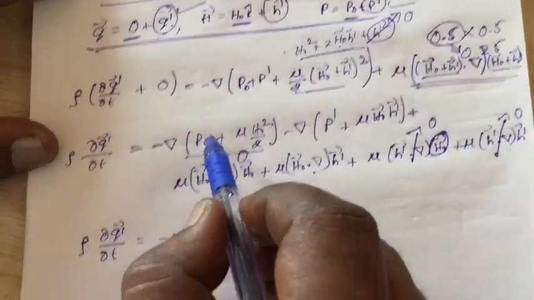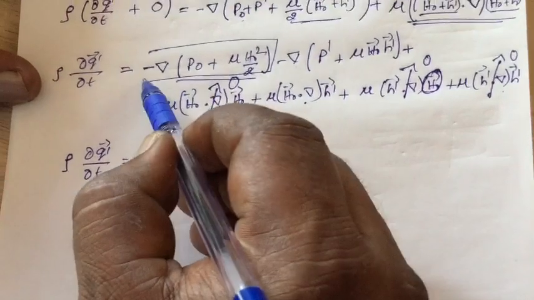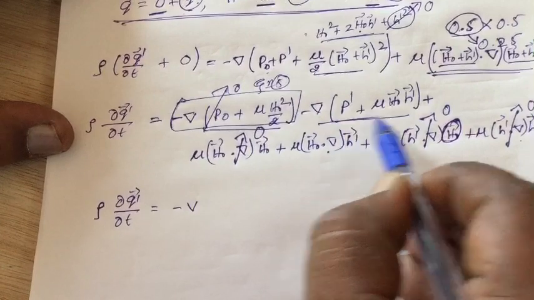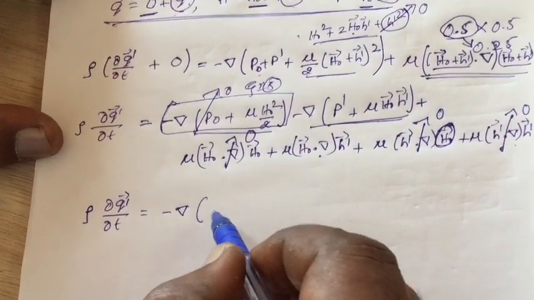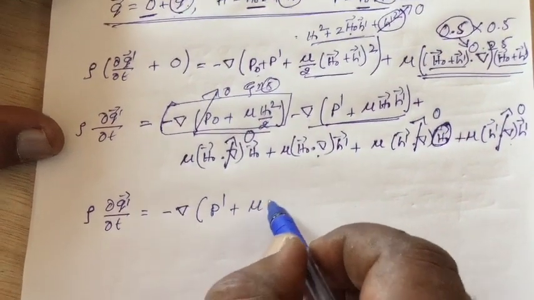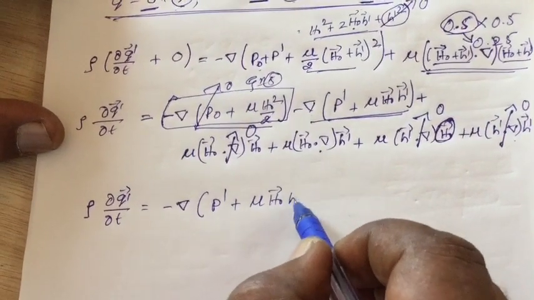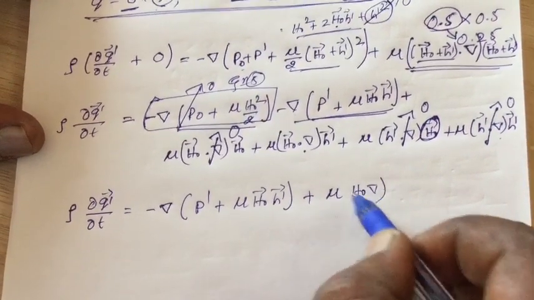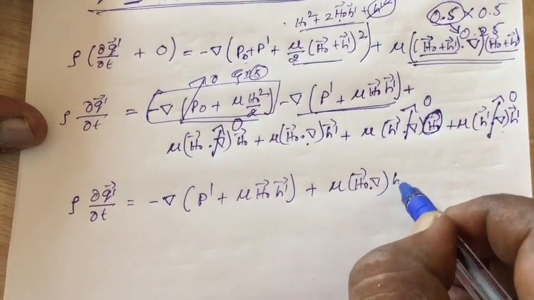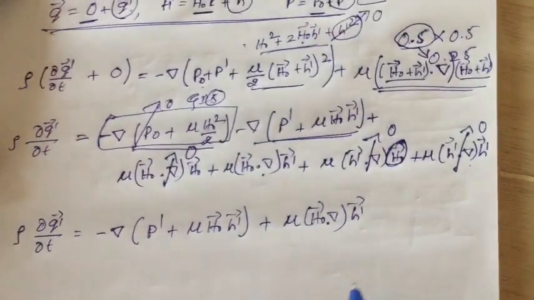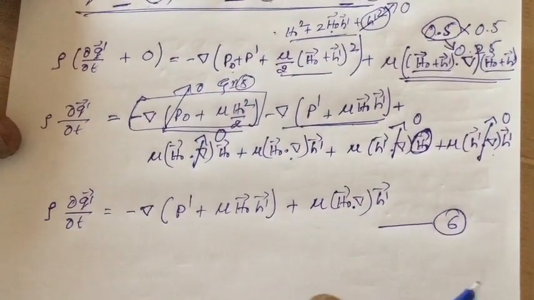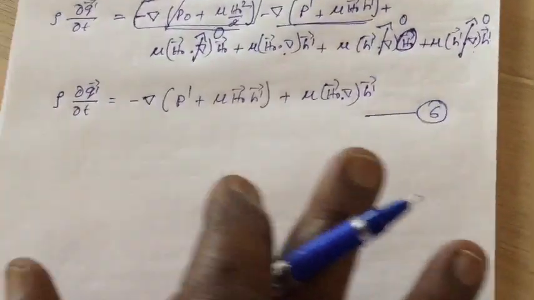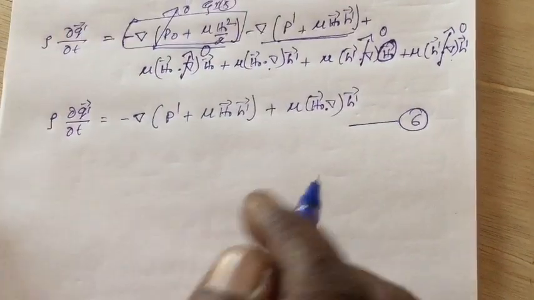That's why this quantity here will become 0. Is it right? Because of equation 5. Now the remaining is only this term, that is minus gradient of p dash plus mu into h naught dot gradient of h dash plus mu into h dash dot gradient of h naught... Okay, so call this equation number 6. It is the momentum equation, or the equation of motion, as you wish, no problem, right?